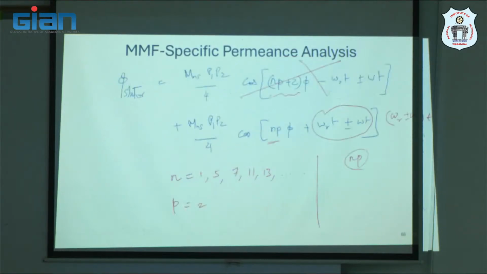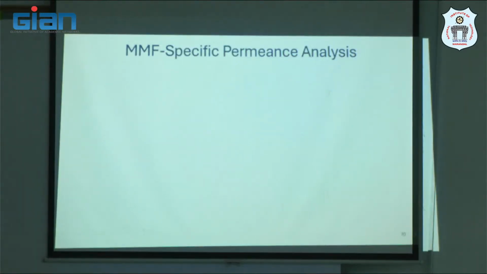Invariably, you will see based on literature, what we know is we will have omega plus omega r and omega minus omega r, where omega is the supply frequency and omega r is the rotor frequency, so sidebands. We call these sideband frequencies.